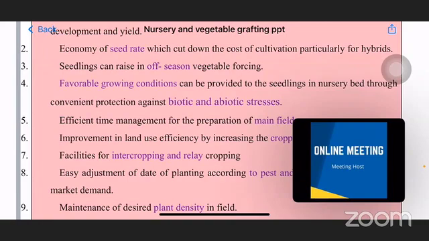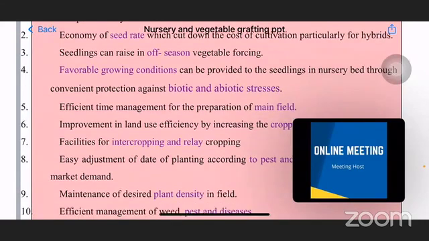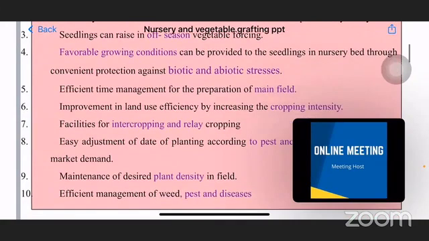Likewise, we are growing the seedlings in covered conditions, so we can grow them all over the year. So here we can say vegetable forcing. Here we can grow the seedlings throughout the year. Then we can create favorable growing conditions by controlling the temperature and by providing mist, fog, etc.